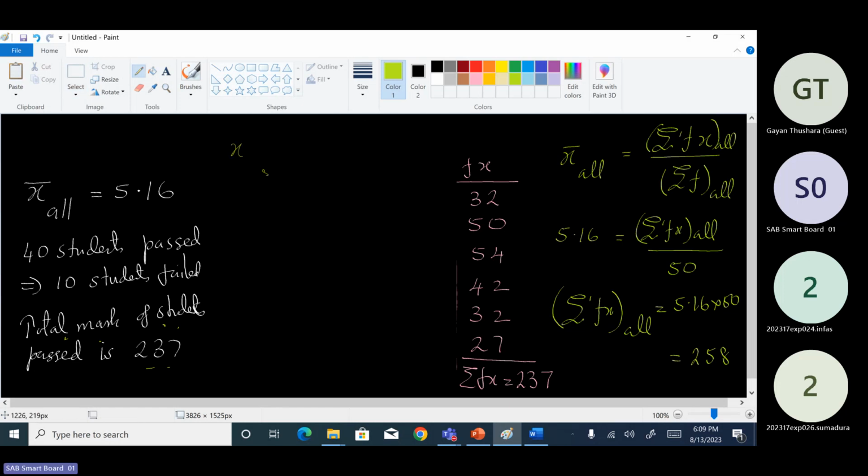X bar fail is sigma fx fail over sigma f fail, which is 258 minus 237 over 50 minus 40.